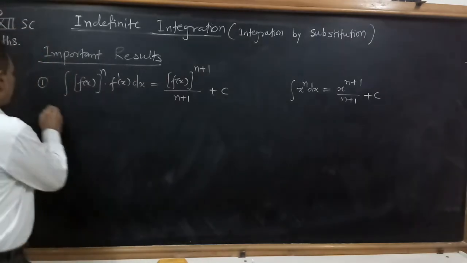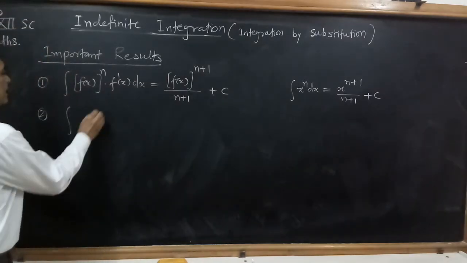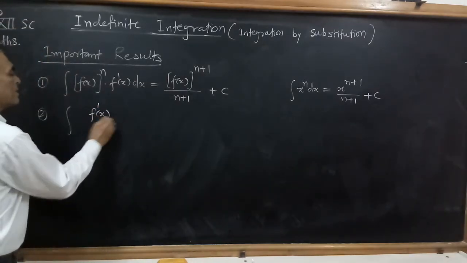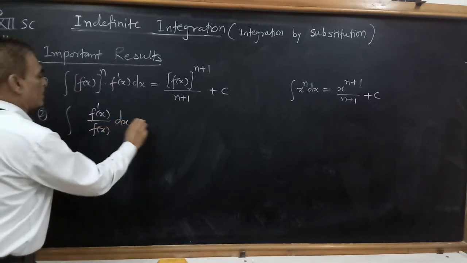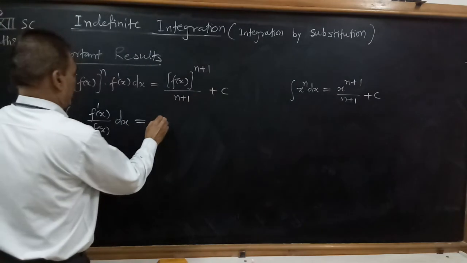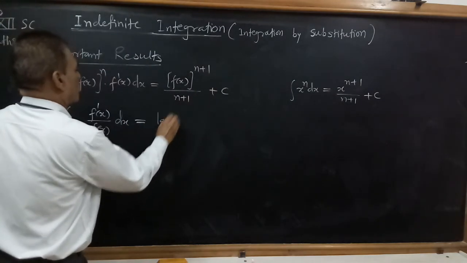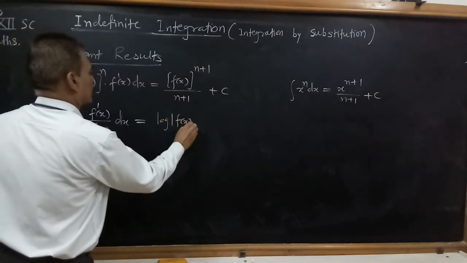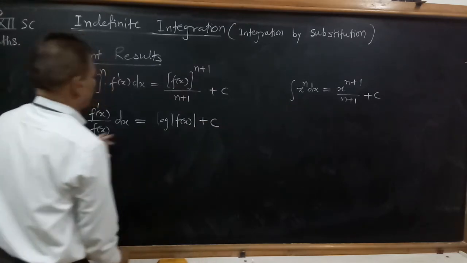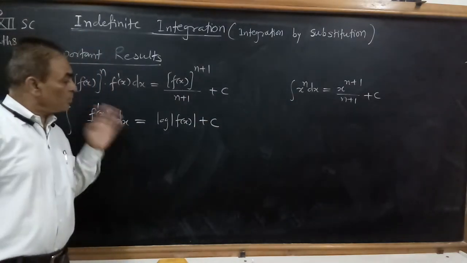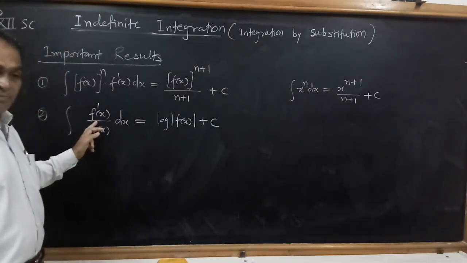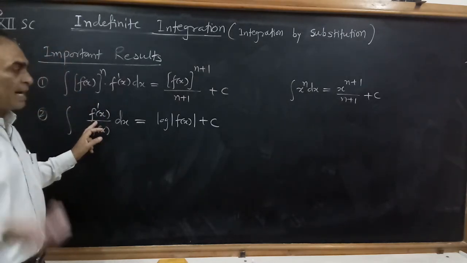Second important result, integration of f dash x divided by f of x dx is equal to log of mod of f of x plus c. This is a very important formula. I am using this result four times while preparing standard formulas.